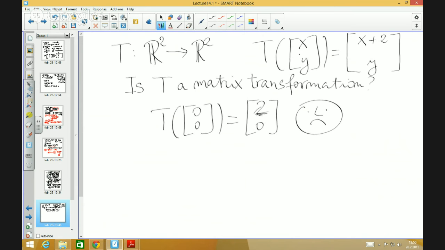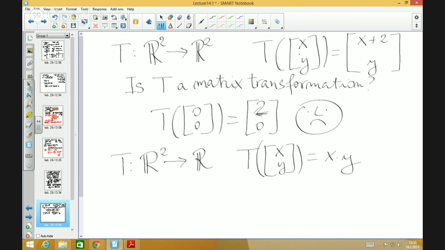Here's another example. Suppose somebody asks you, well, is this function here linear? Sort of a matrix transformation. T of (x, y) is equal to x times y. Is this linear?